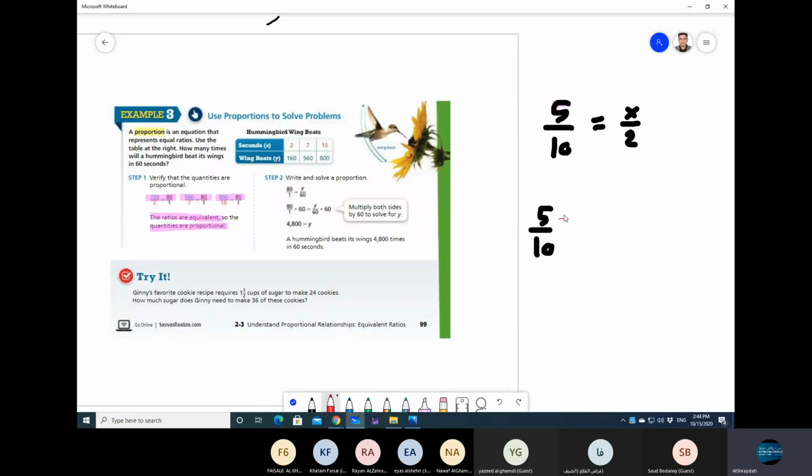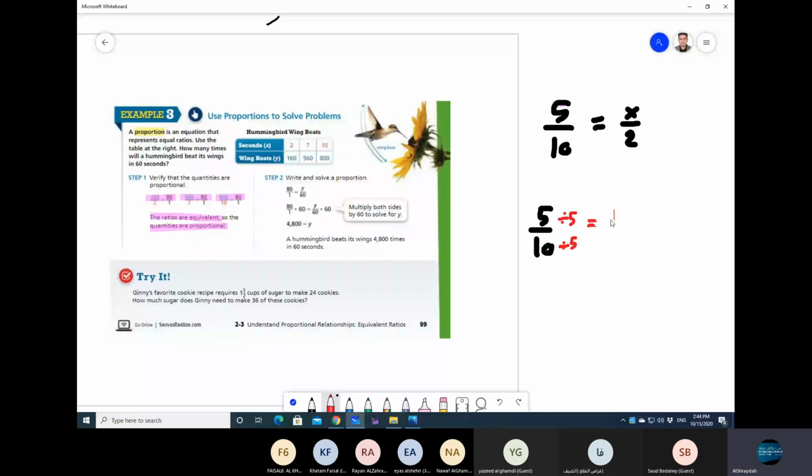You can divide this by 5, divide this by 5.